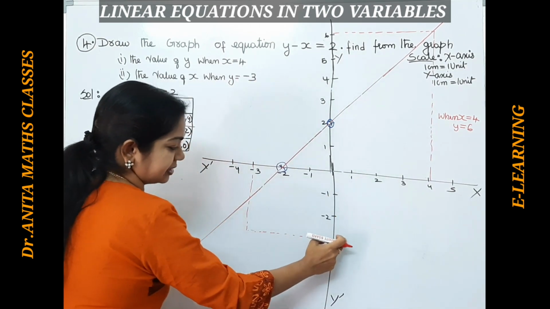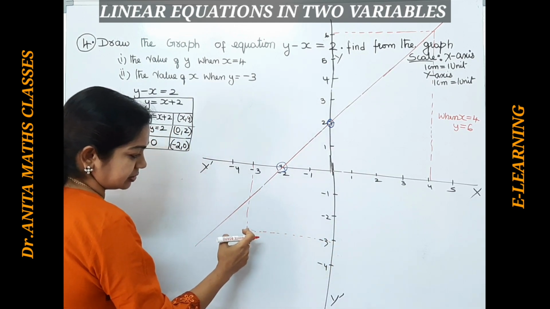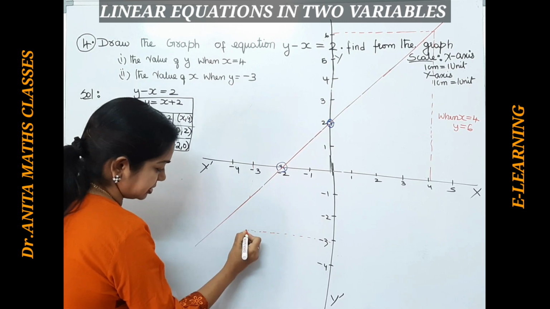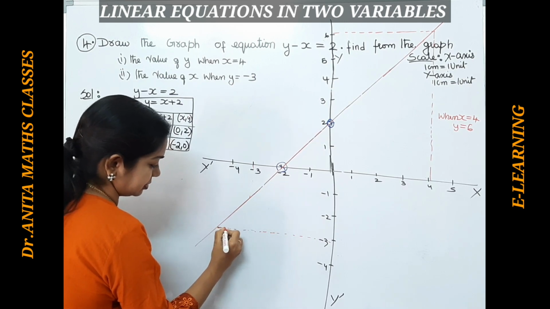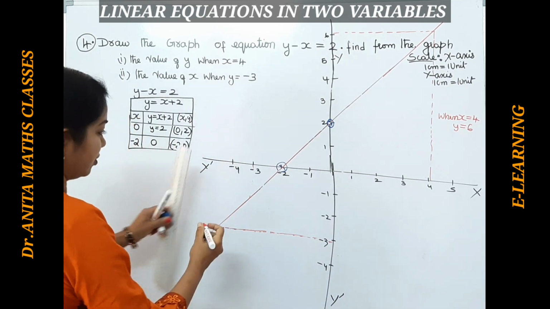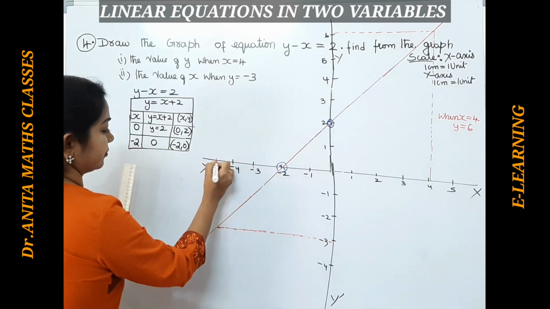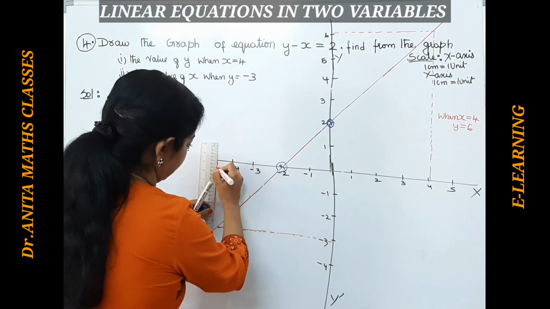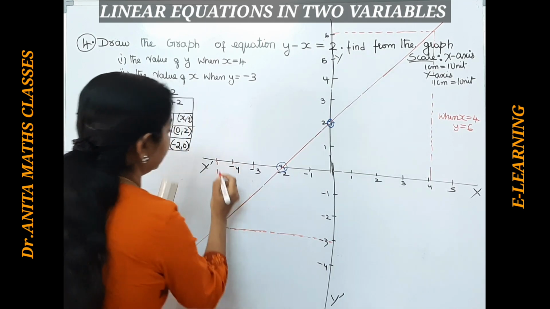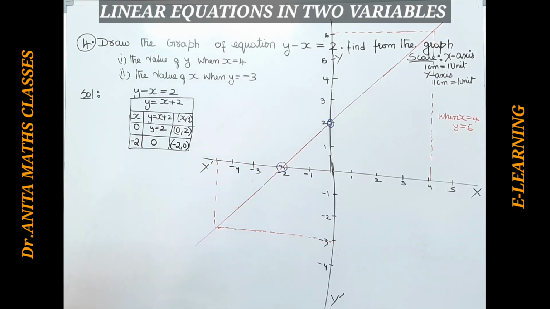Y equal to minus 3, you extend here, till it touches the line. So draw this here. If you draw it, you will get somewhere here. So this point is minus 5.